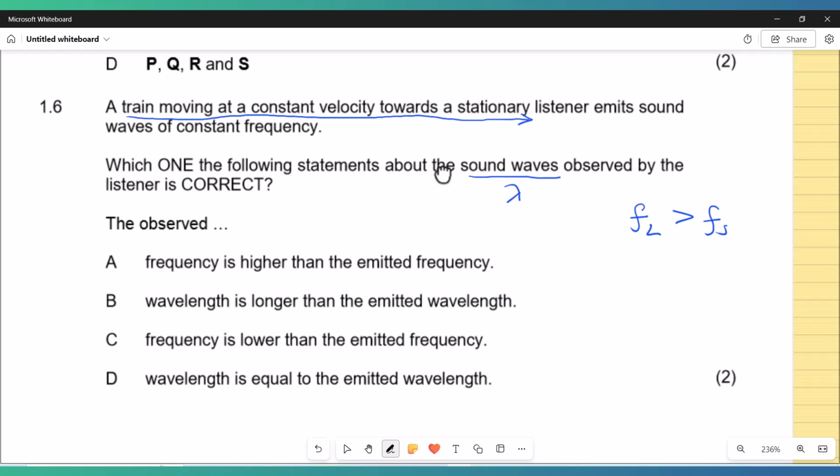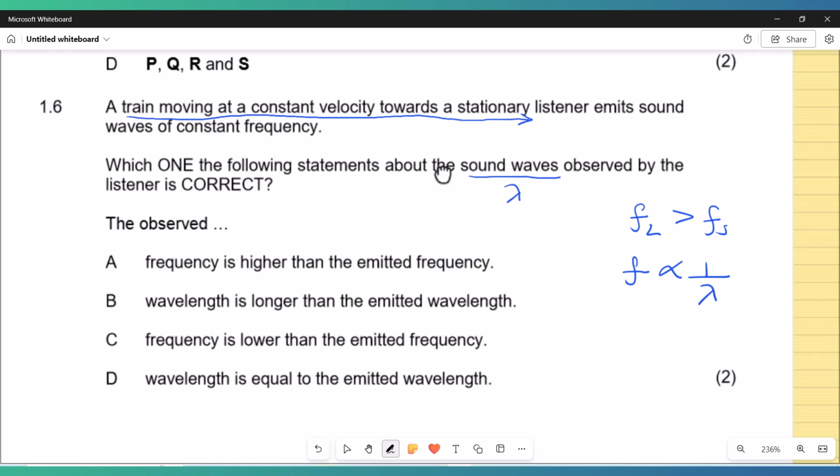The frequency and the wavelength, they are inversely proportional. So in this particular case, as the train approaches the listener, the frequency is going to be higher. So if the frequency is higher, what about wavelength? It becomes lower. Let us check the answers now. They said the observed frequency is higher than the emitted frequency.